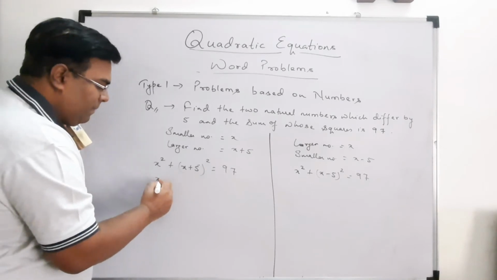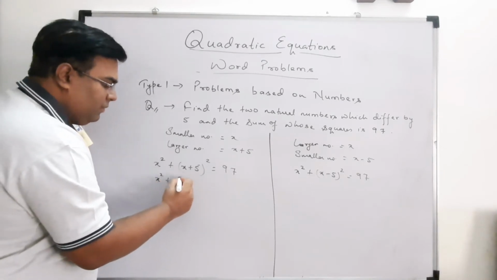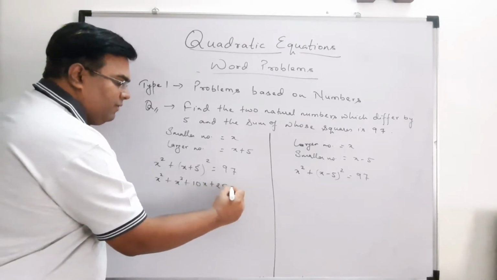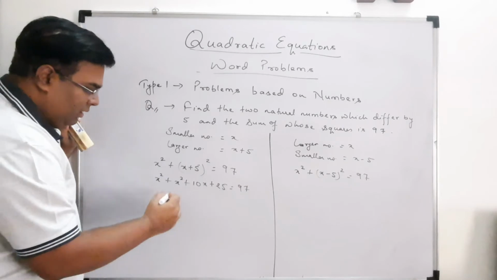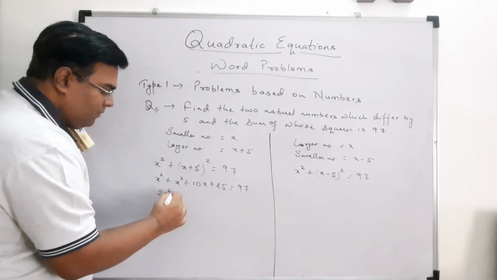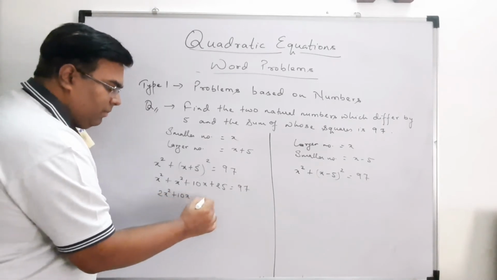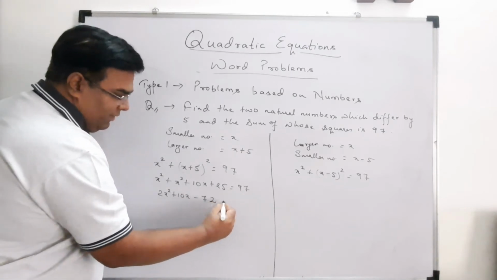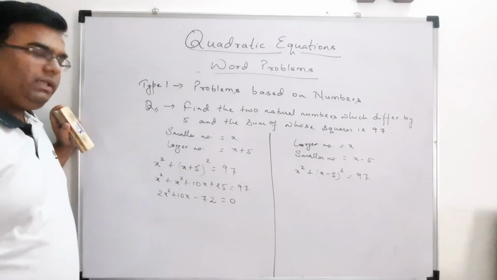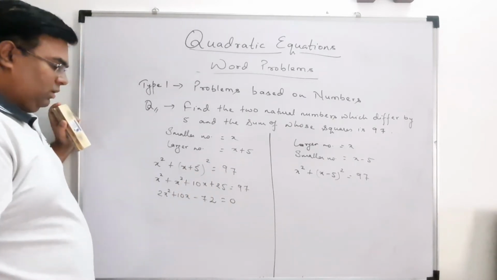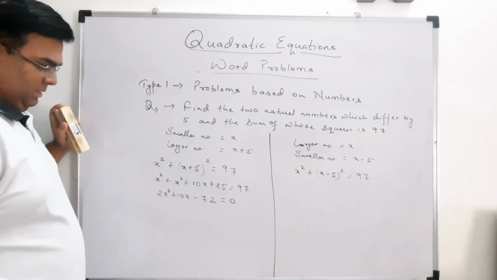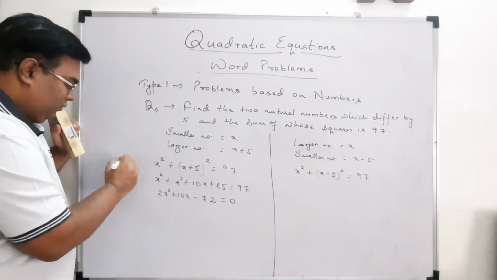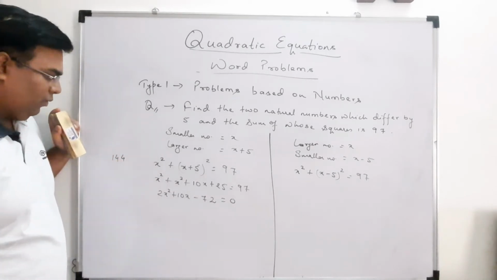Let's do that. x square plus 10x plus 25 is equal to 97. It will give me 2x square plus 10x minus 72, and now we need to factorize it.